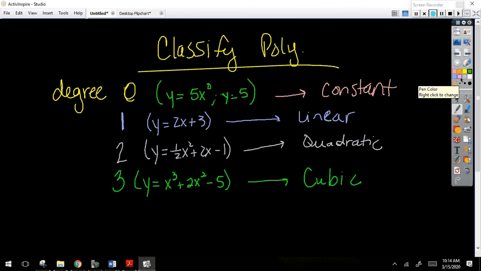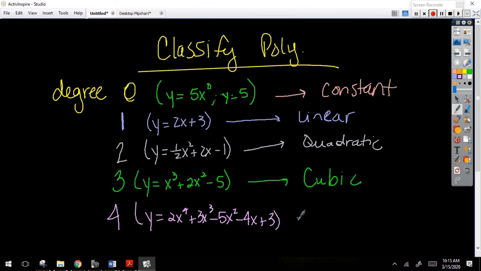And then finally, the one we will end on would be a 4. All right, so maybe it looks something like this. Notice how I'm writing all of my polynomials in standard form. This is what we call a quartic.